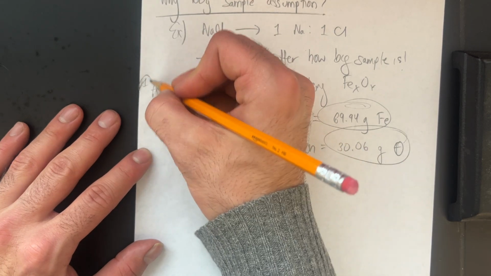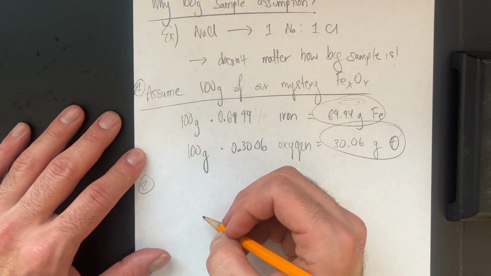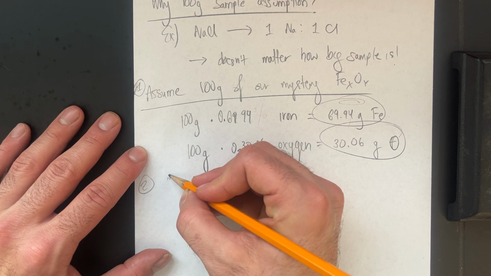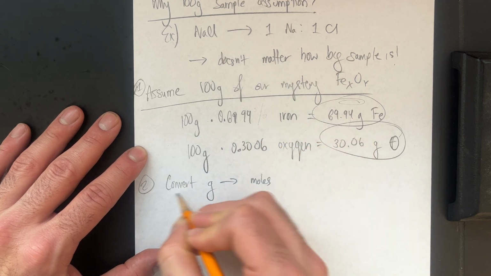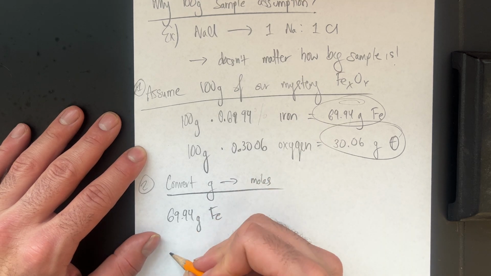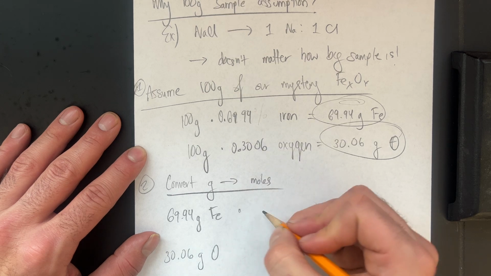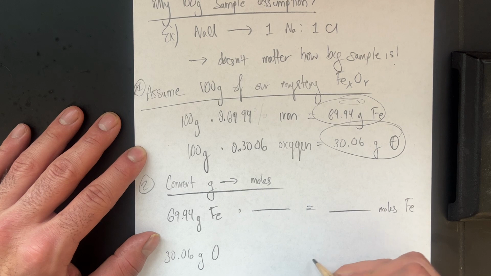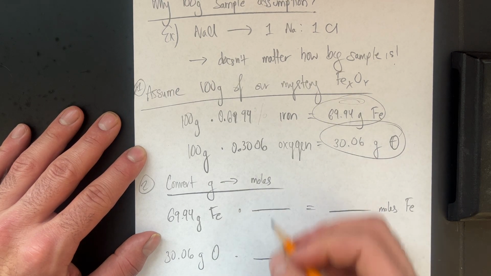So now that you have that, you can go to your second step. So that was kind of step 1. And now step 2, you can convert grams to moles. And so we can go from 69.94 grams of Fe and 30.06 grams of O, and we can get moles of Fe and moles of O. How do we do that? Via molar mass, right?